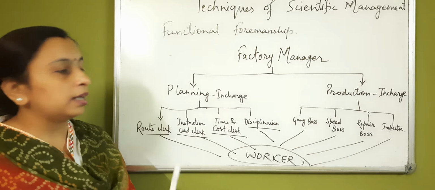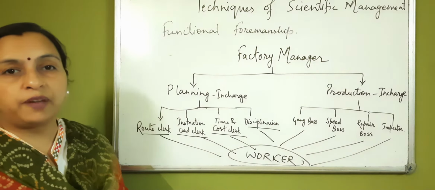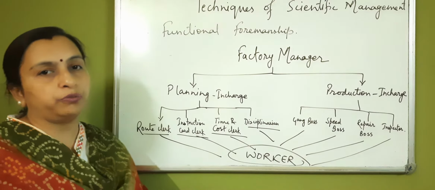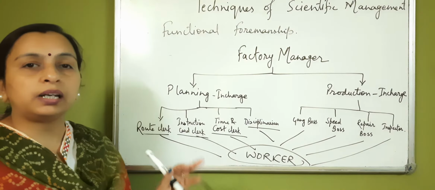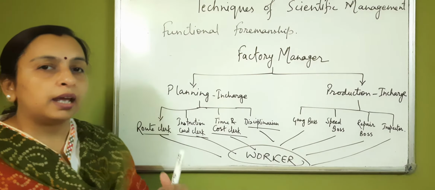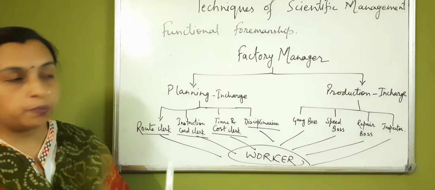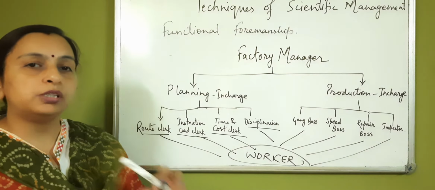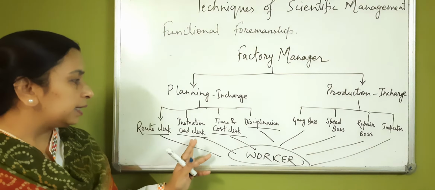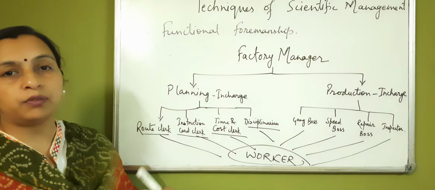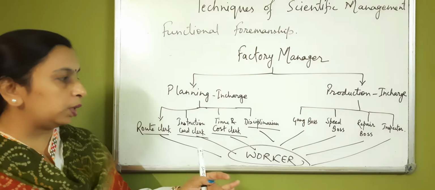The route clerk is responsible for fixing up the sequence of work. He will tell you the sequence in which the mechanical or manual job will be performed. Then the instruction card clerk will give you general instructions for doing the job.